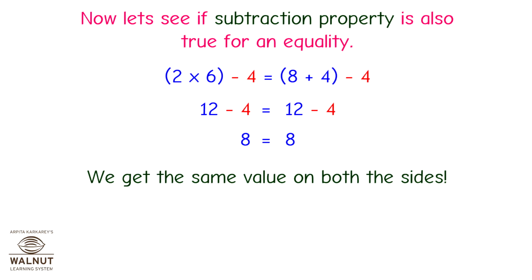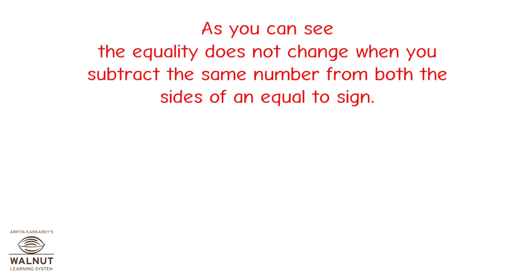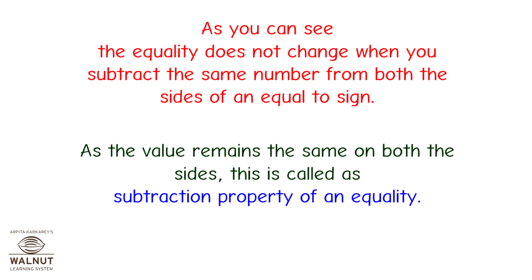We get the same value on both the sides. So we can say that the subtraction property is true for any equality. As you can see, the equality does not change when you subtract the same number from both the sides of an equal to sign. As the value remains the same on both the sides, this is called the subtraction property of an equality.